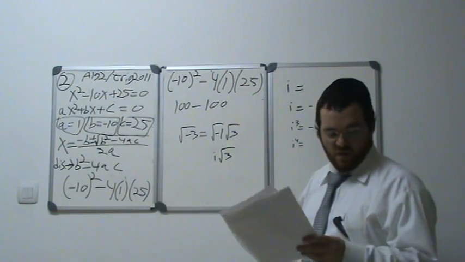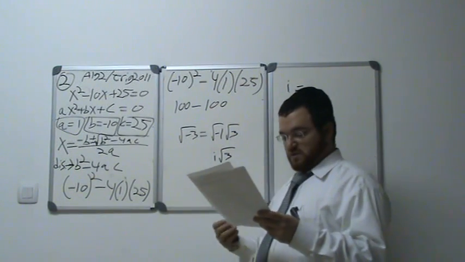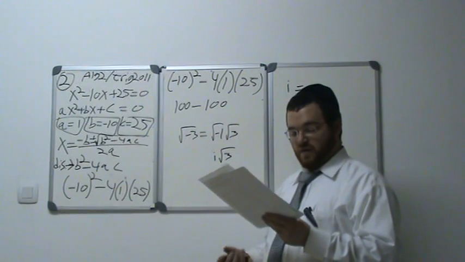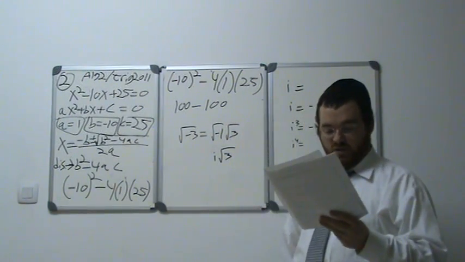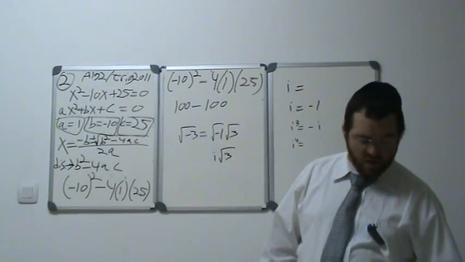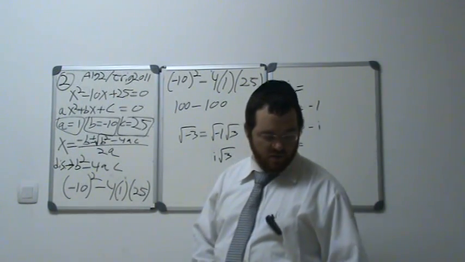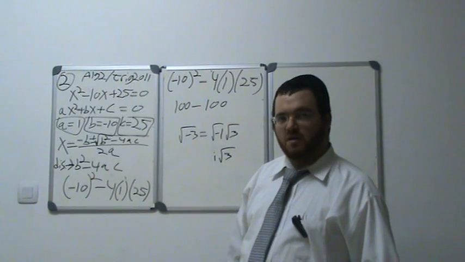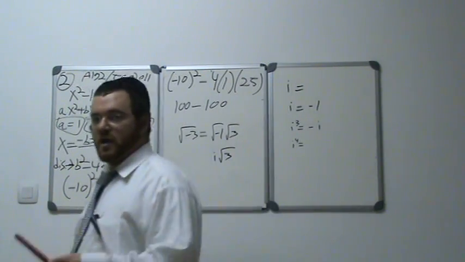This you have learned in Algebra 1. So let's try to figure out what the roots of this equation are. To find out the roots, you use the discriminant, which is what's under the radical sign in the quadratic formula.